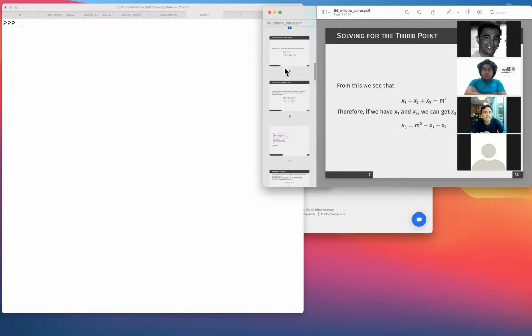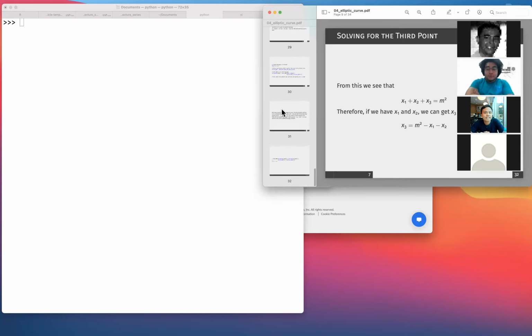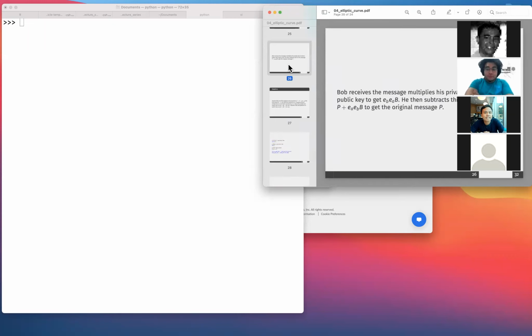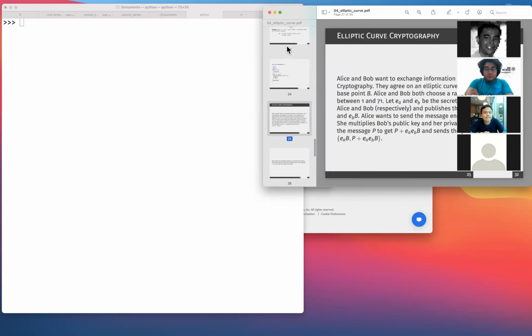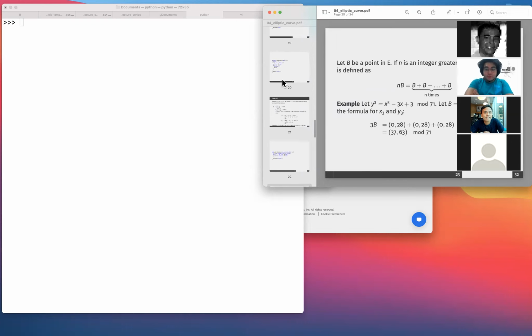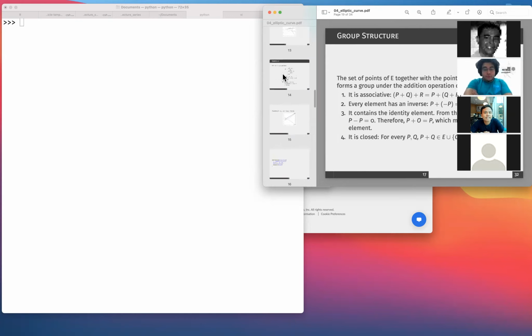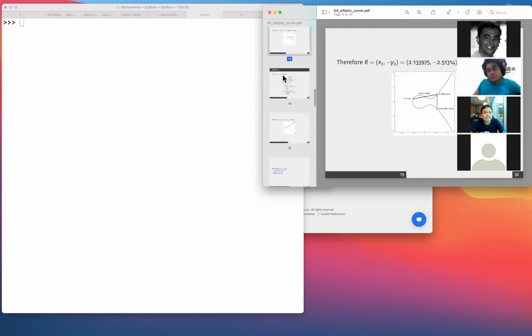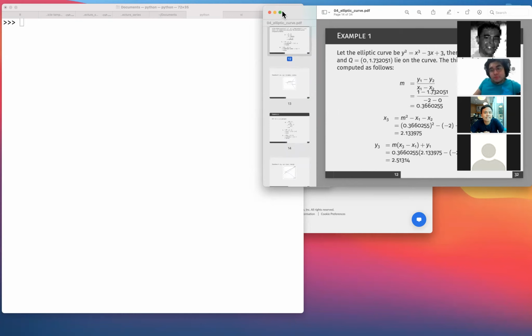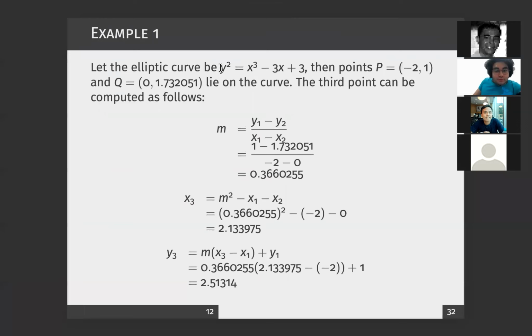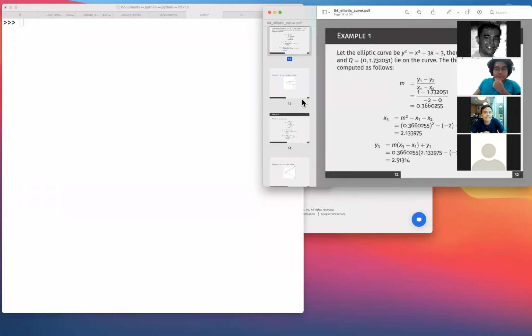We have to agree on the equation in advance. So that's x cubed minus 3x plus 3.